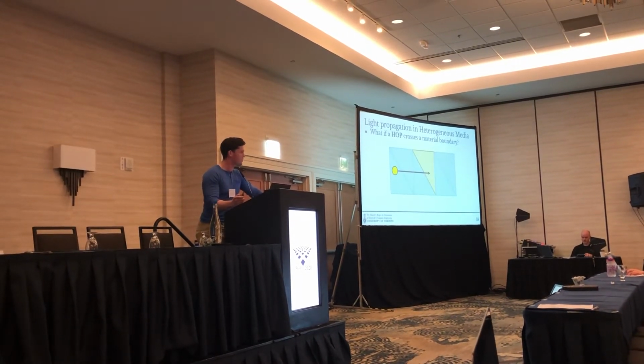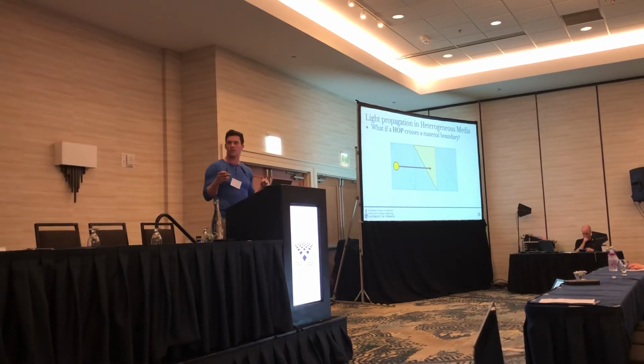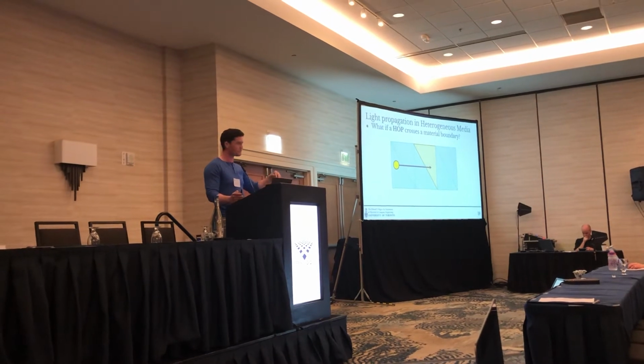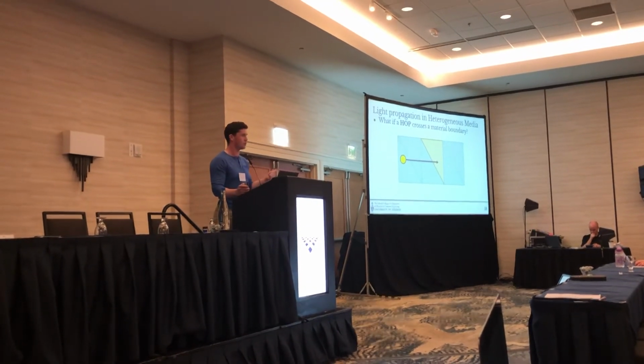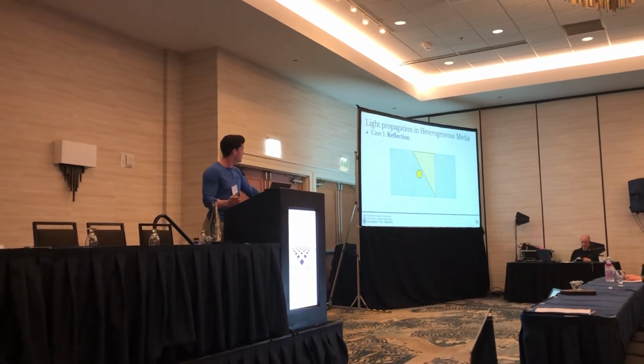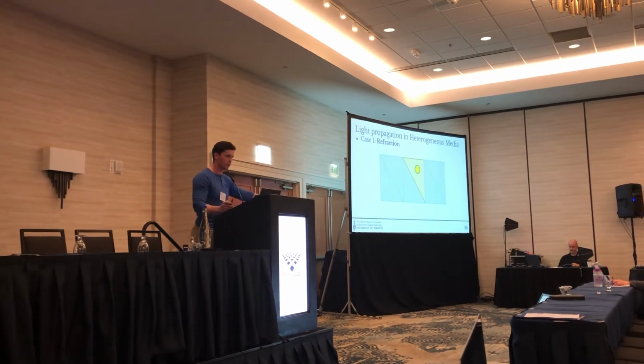The two edge cases that we have to account for are when the hop of the packet crosses a material boundary. So when it crosses a material boundary, we have to account for two things. We have to account for either reflection off of that boundary, and we also have to account for transmission through that boundary, and we account for all those things.